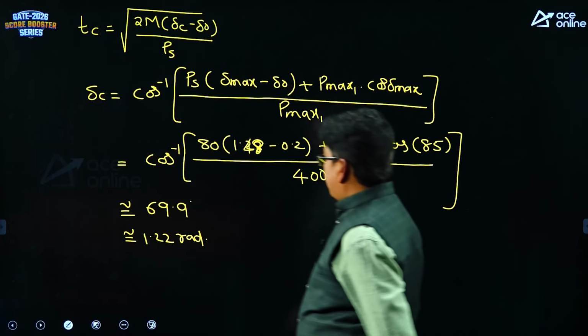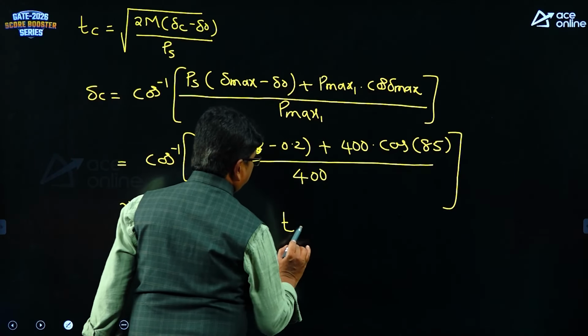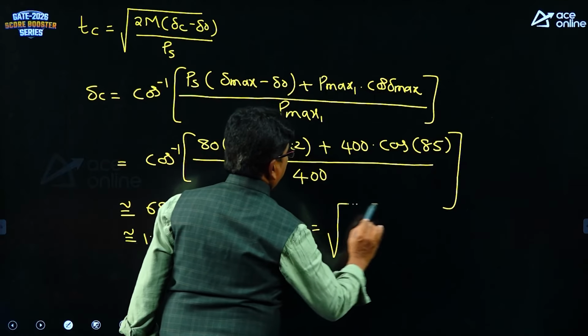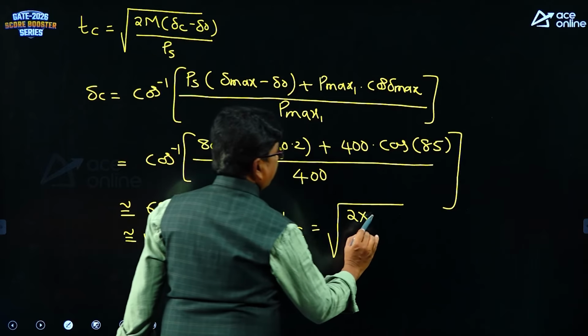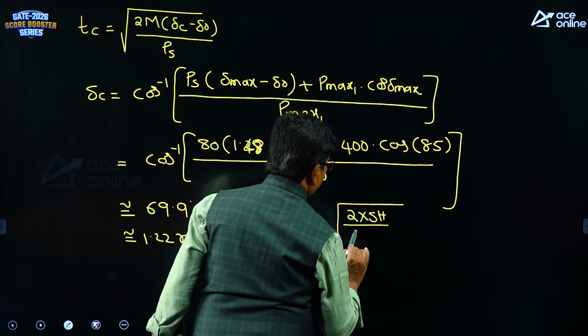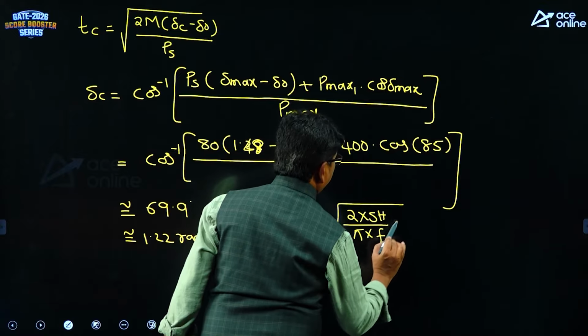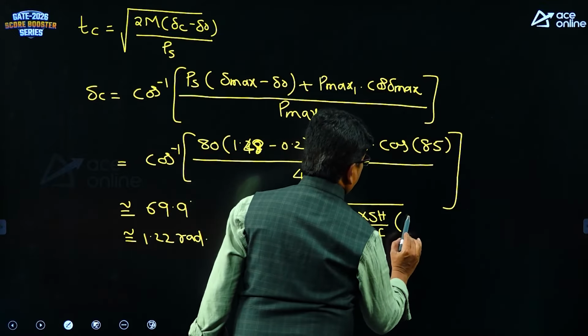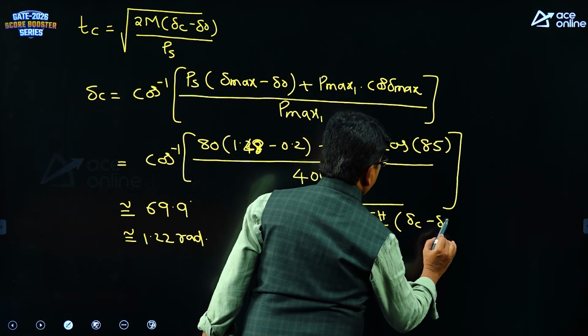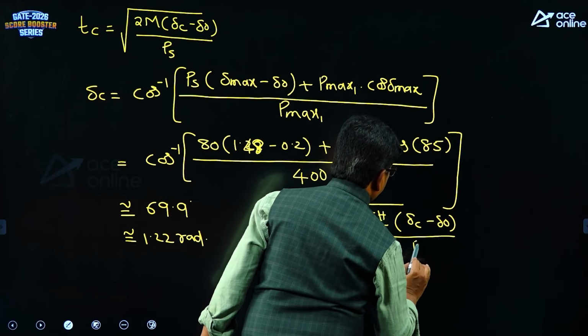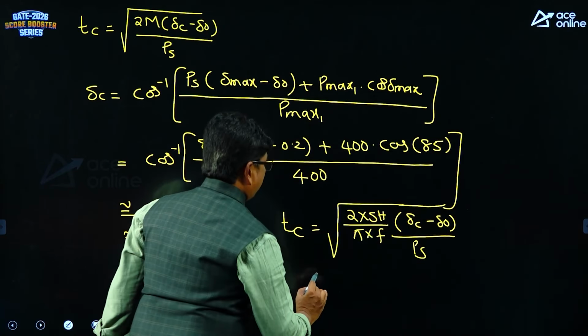Calculate Tc, students. Therefore, the value of Tc is equivalent to the square root of 2 m, which is s into h divided by pi into f, into delta C minus delta naught, divided by Ps. Substitute that, students.